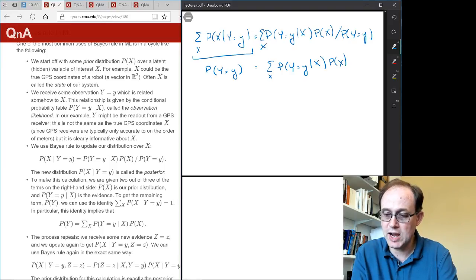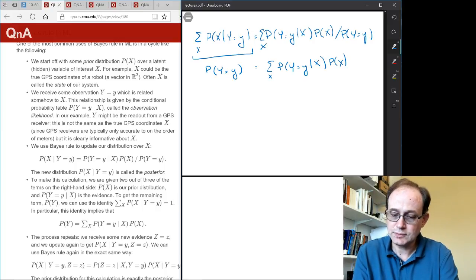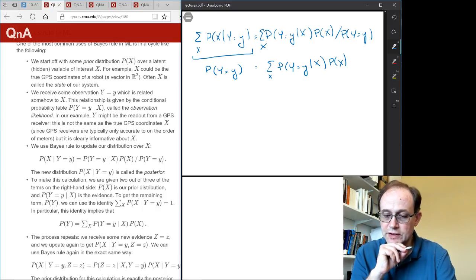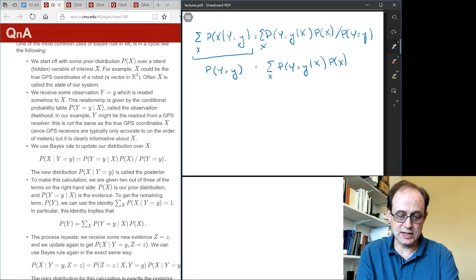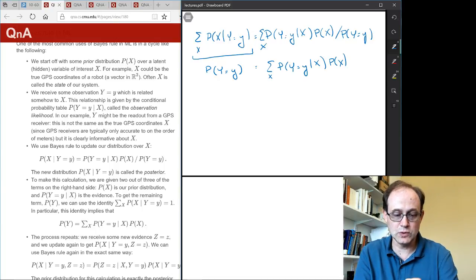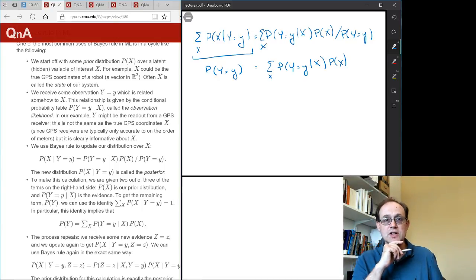I'm summing over x, but every term has a P of y equals y in it, and so when I multiply through, I get this on the left-hand side. What I've just shown is that we can get P of y equals y by doing this summation over all possible values of x. And so we can get this last term in Bayes' rule, and we can calculate our posterior distribution.